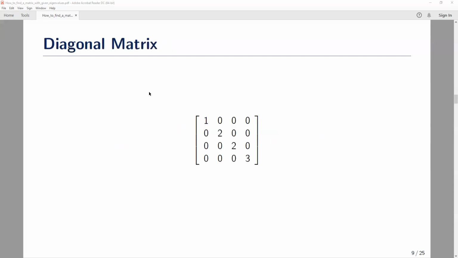Now this diagonal matrix actually works. We know that the diagonal matrix is similar in terms of the eigenvalues. If you put all the elements on the diagonal, you will have the eigenvalues to be 1, 2, 2, and 3. That's pretty simple, right? If you want to prove it, try to prove it yourself, okay? It's very easy.